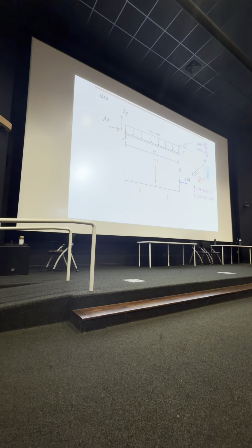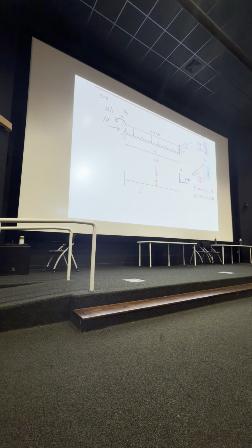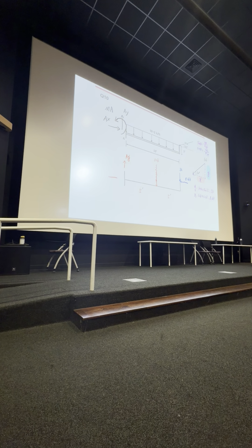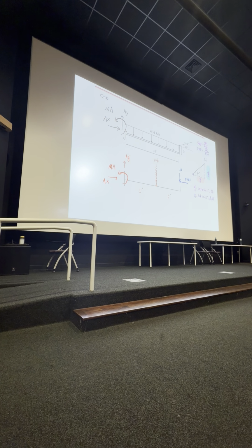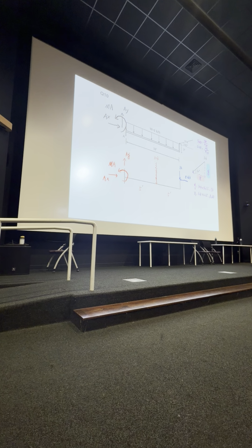We call this MA. So it's a rotational support reaction, and we copy and paste to our free body diagram. So this is AY, this is AX, and here we have MA. And this is a free body diagram.